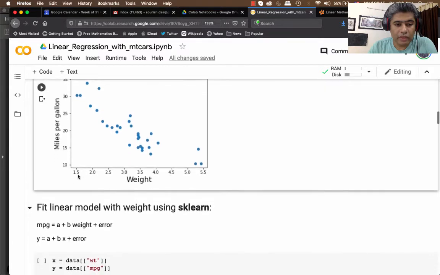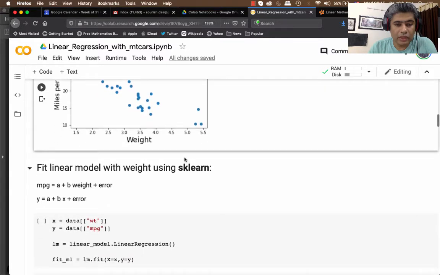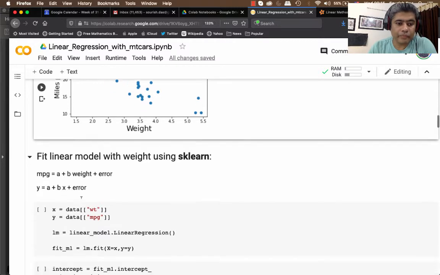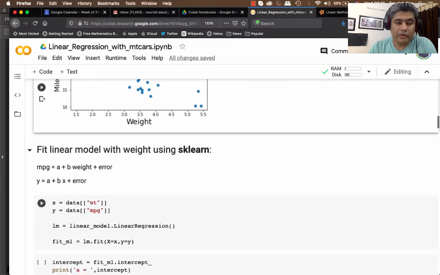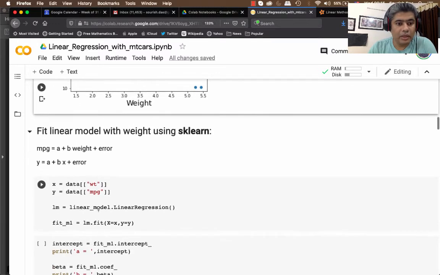So we are going to fit a linear model using the sklearn or scikit-learn package: mpg equal to a plus b times weight plus error, or in our standard notation, y equal to a plus bx plus error. So x, we are going to take the weight, and y as the miles per gallon, mpg.